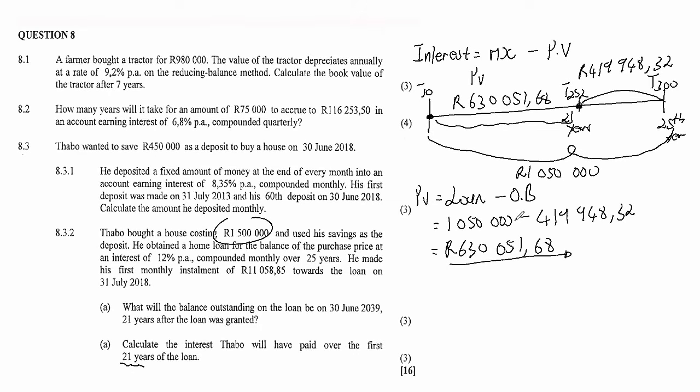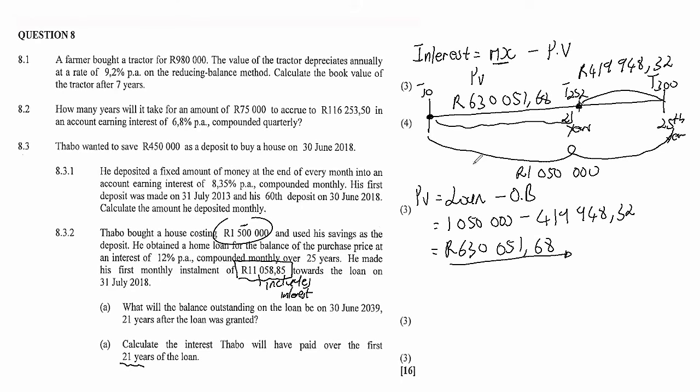But then remember, the monthly installments are already given with interest. So now the bank has given him an amount of 11,058.85, which includes interest.